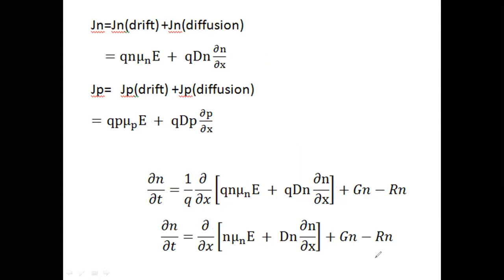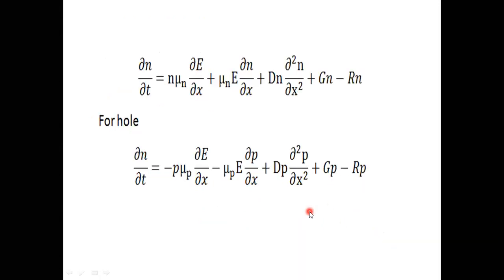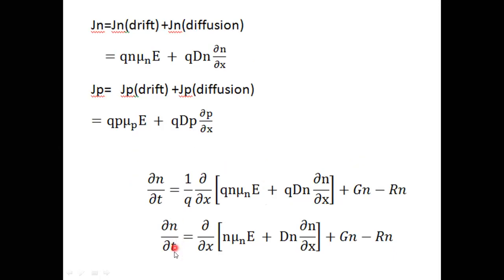Right? Plus Gn minus Rn. This is okay. And now dou n by dou t equal to dou by dou x. Here n and E are variables. Okay, mu n is the mobility of electrons, which is a constant, right? So n, the number of electrons, may increase or decrease with respect to time or distance. E, the electric field, also may vary.